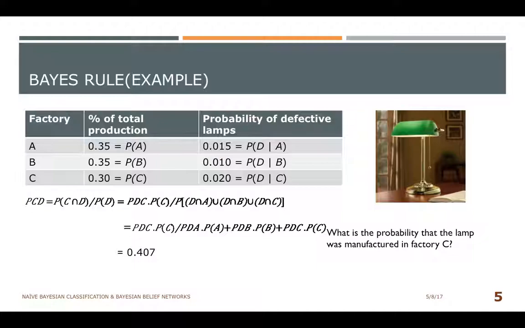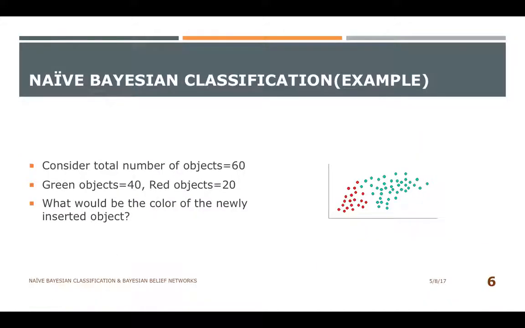If we take the probability of C and D combined and divide by the probability of all defective lamps, then we will find the final probability by calculating all the probabilities in this manner. We will get the final answer 0.047. So this is how we calculate the probability using the Bayes rule.